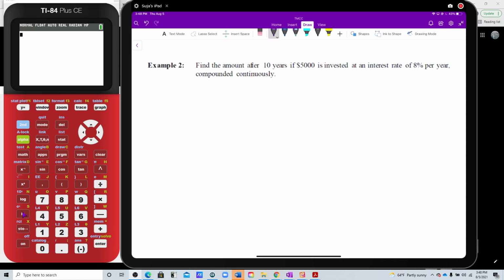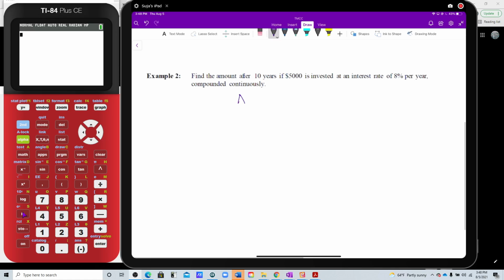The continuous compounded interest formula is given to you as A of t is equal to P e to the power of RT. Now, A of t is always going to be the amount after t years.